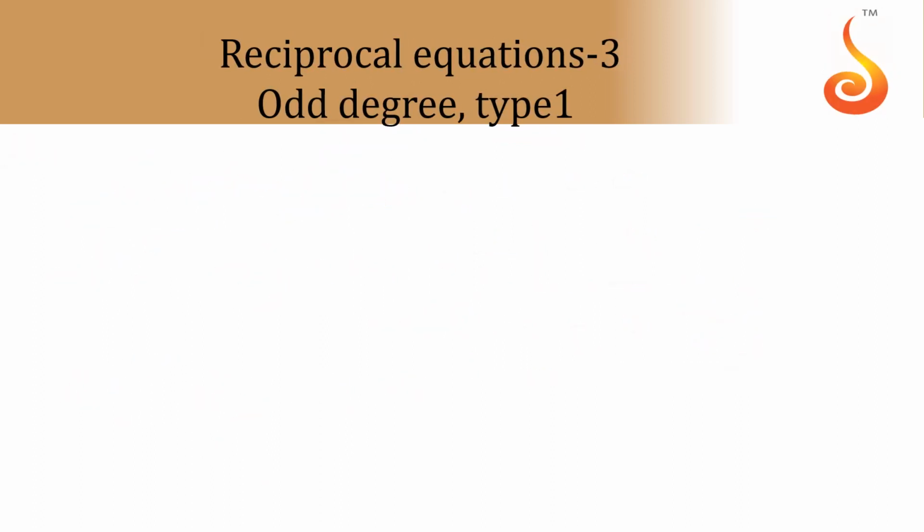Next, odd degree type 1. Carefully see odd degree. So let us take x power 5. Type 1, no? That's why it should be plus 1 only, because type 1 it is. Then suppose minus 4x power 4, then it should be minus 4x, because it is type 1.